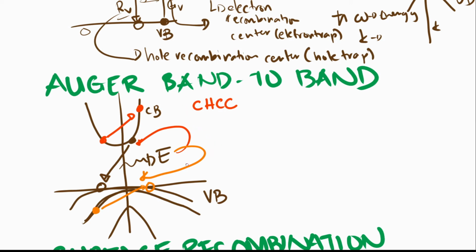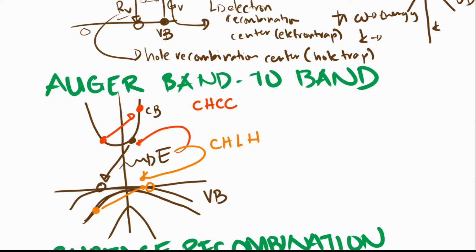In this case, this Auger recombination is the CH-LH recombination. The recombination of a conduction band electron and a heavy hole produces energy which is then absorbed by an electron in the light hole band, promoting it to the heavy hole band, CH-LH.